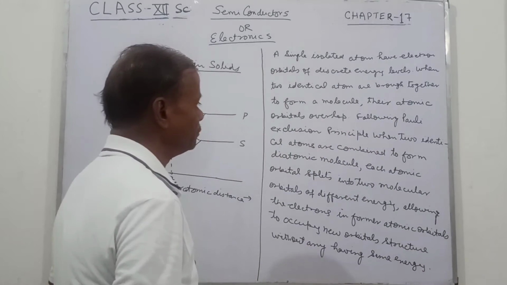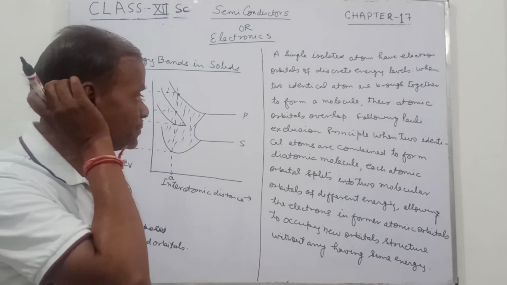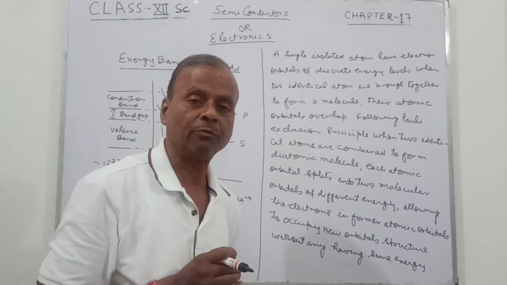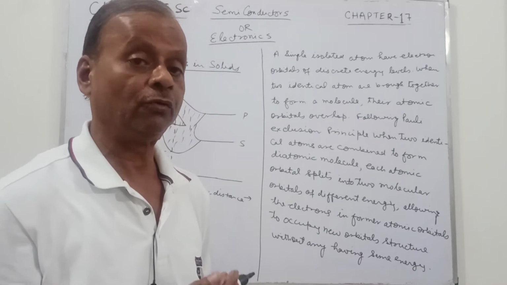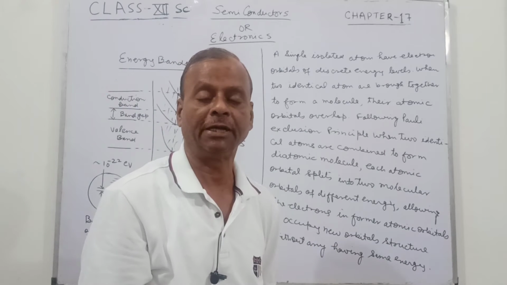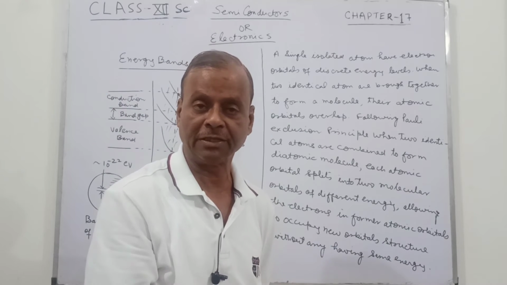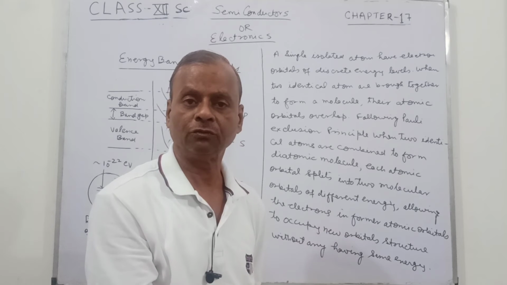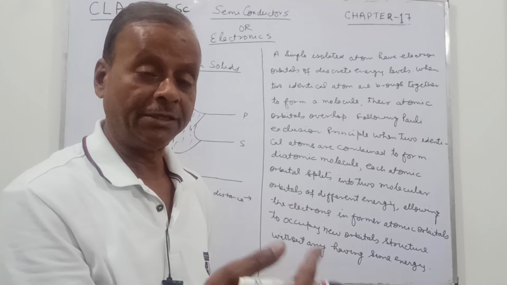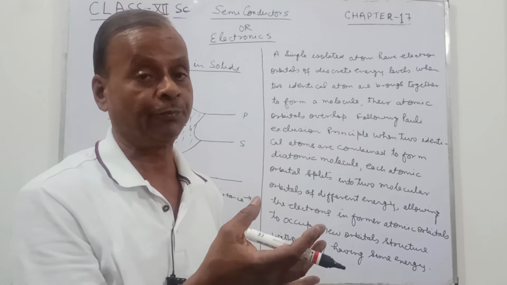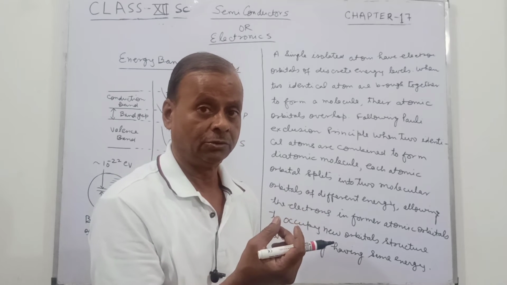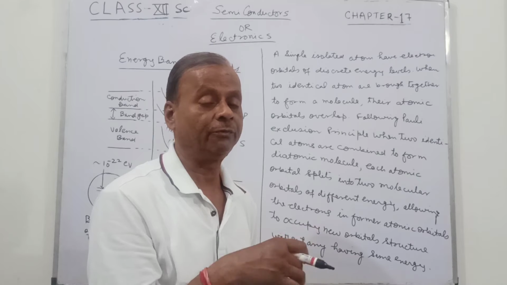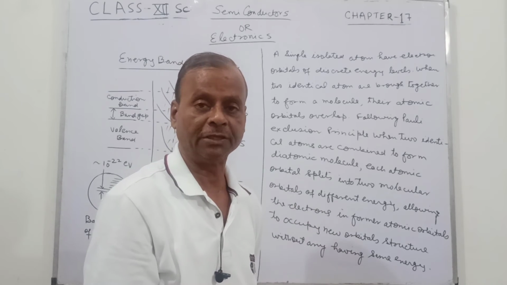It means that when the two identical atoms are brought together to form a single molecule, then their orbitals split. Then definitely the electrons which are present in the former orbitals have to occupy the new orbitals, and this must be in such a way that the Pauli exclusion principle should not be violated.